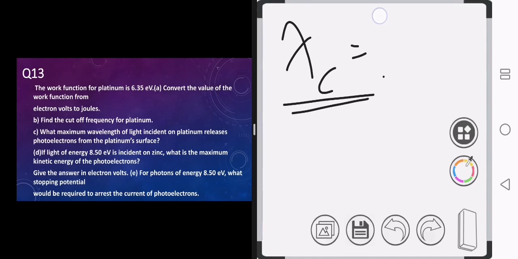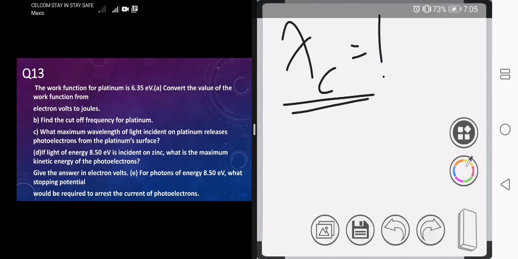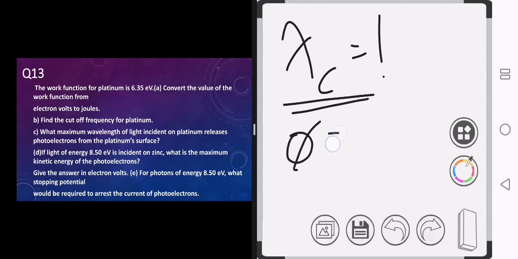We can relate using the equation work function equals hf. How do we relate it to lambda? Frequency is c per lambda.